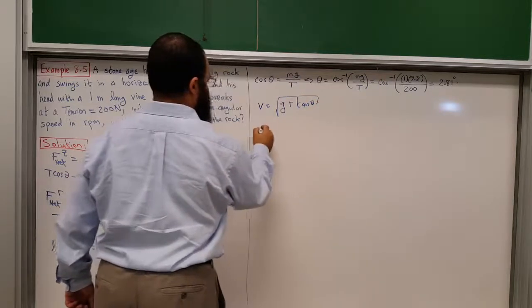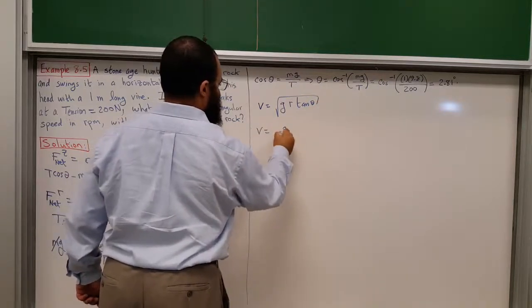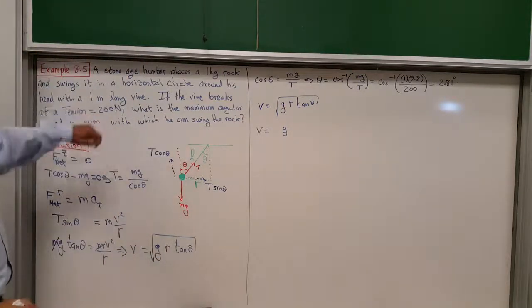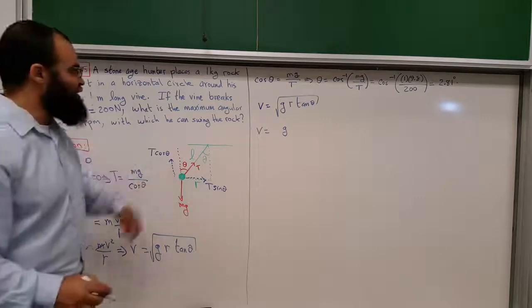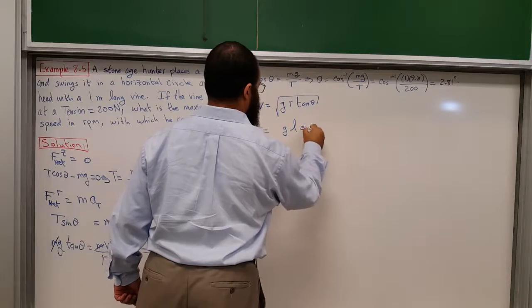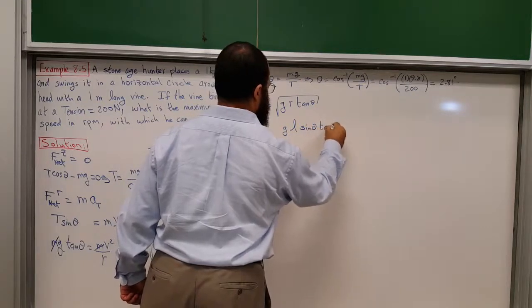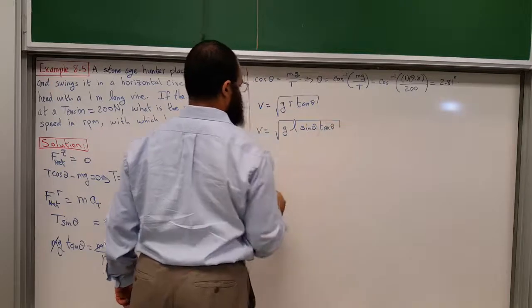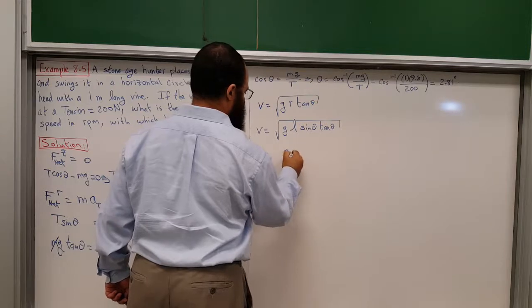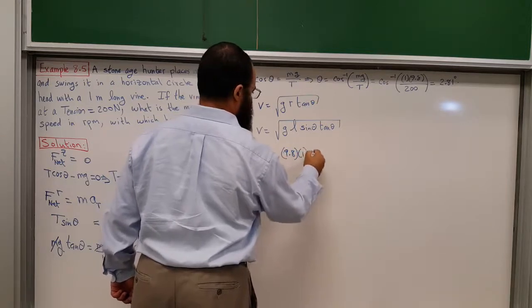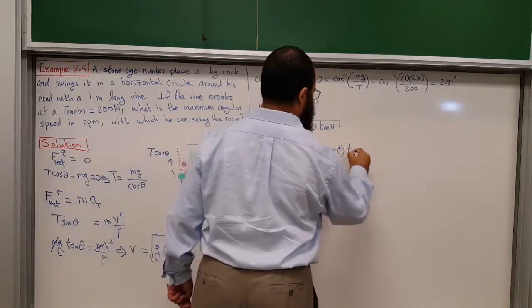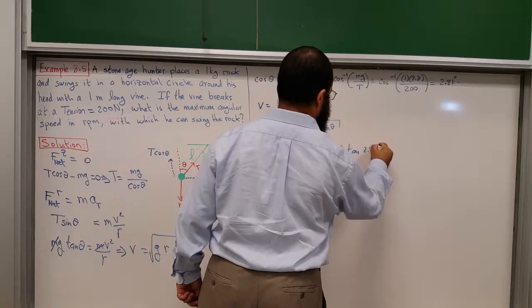R will be the length of the string, which is 1 meter long, times the sine of theta. Now we can substitute. We know everything. So g is 9.8, the length is 1, and then sine of 2.81 degrees times the tangent of 2.81 degrees.